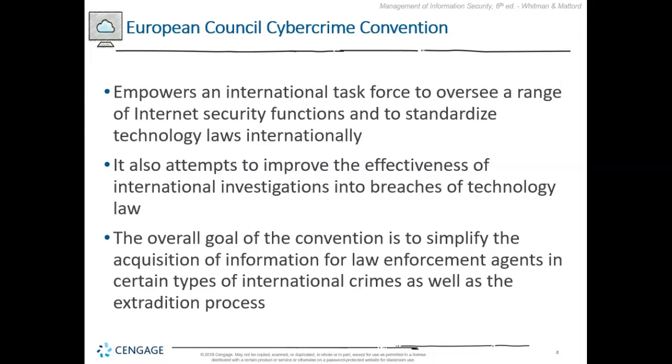Now, that all sounds very good, but it develops basically a general set of laws that each of the European states adheres to. The overall goal of the convention was to simplify the acquisition of information for law enforcement agents and certain types of international crimes, as well as the extradition process.